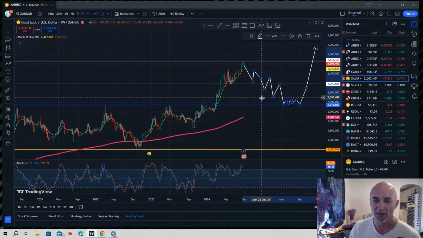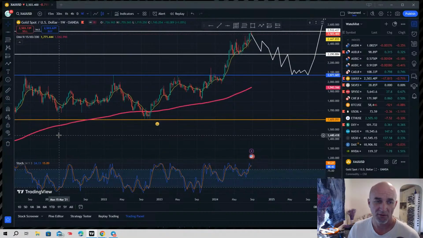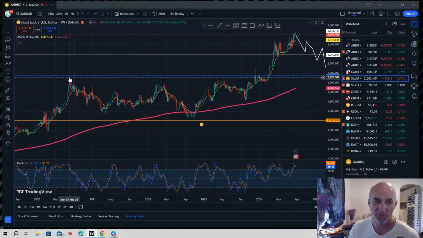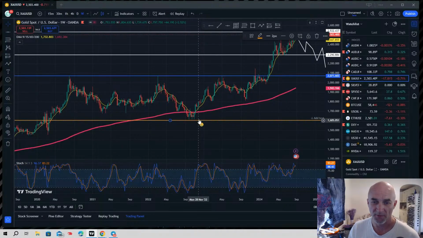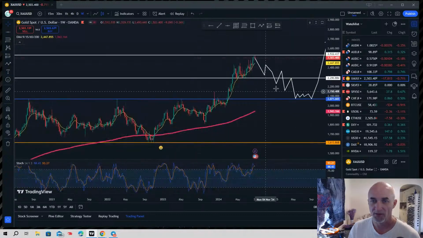Price has to come back down and retest it, just like it did over here. Price broke through, never really retested, never really touched it. Now that we've touched it again, boom, it takes off. Zoom.